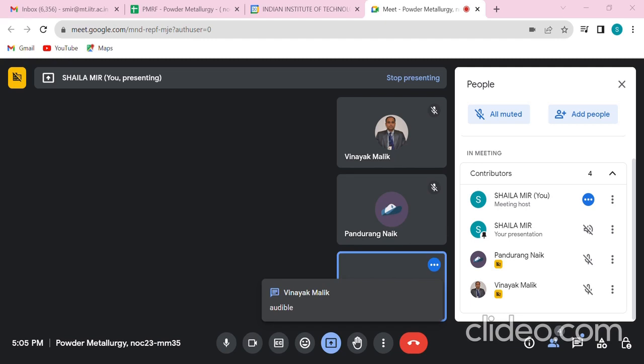So based on different types of methods, we can get different types of shapes, and this is very important in powder metallurgy. For example, if you are going for a chemical deposition method, you will get a particle shape of acicular type, while if you are going for a mechanical comminution method, we will have irregular rod type particles. If you have plate type particles, we can go through mechanical comminution because they are irregular type of particles.